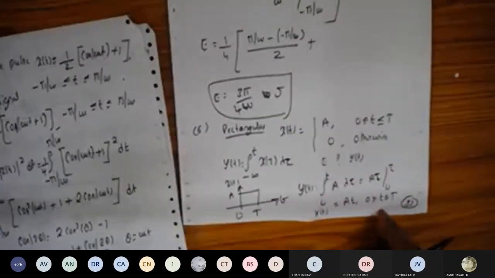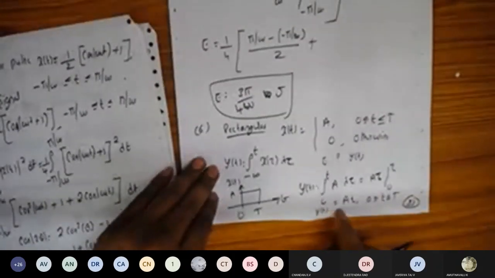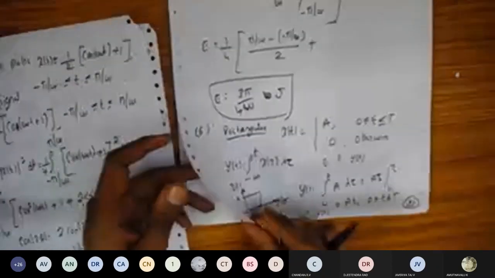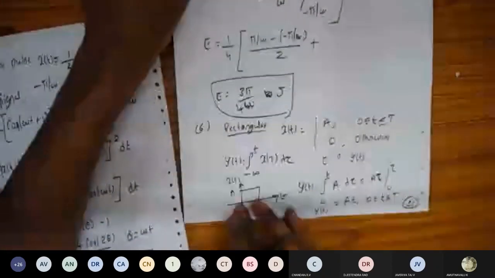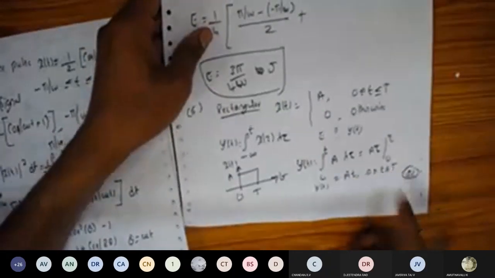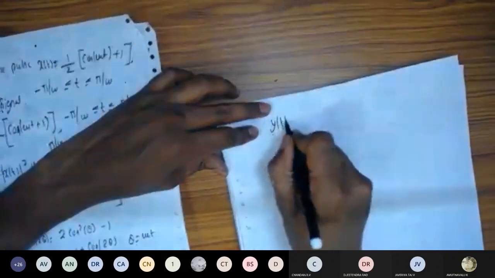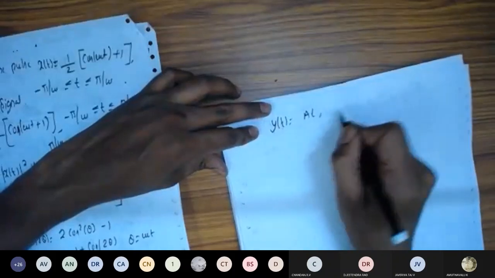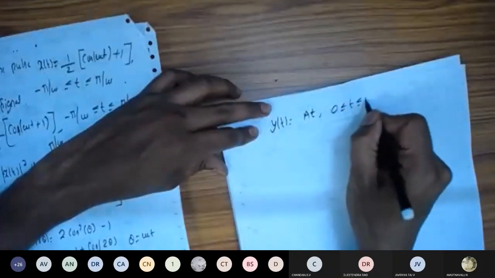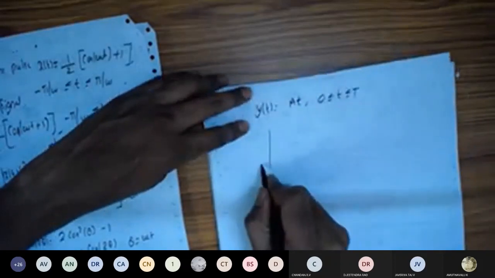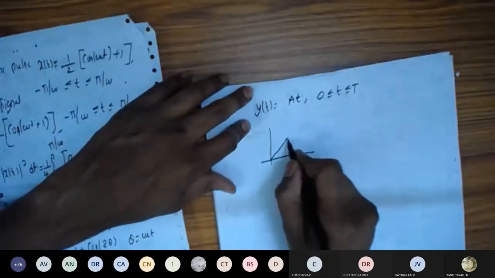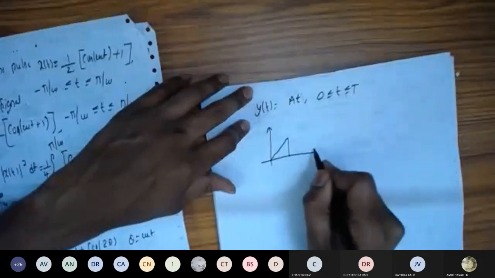Any doubts in this integration? I think no doubts. So I keep A t as it is, from 0 to t. Let me rewrite the waveform: y of t is A into t for 0 less than or equal to t less than or equal to capital T. If you apply the square pulse to the integrator, you get a triangular waveform.